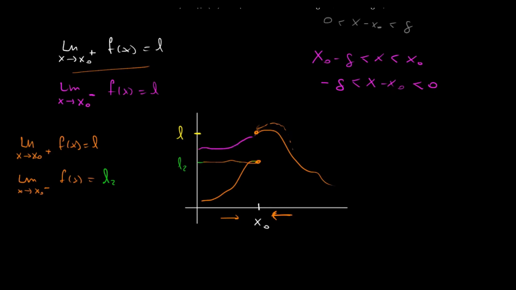And now we can think about another function like this. This function, when we look at the limit like this, that is from the left of x0, it has limit L. So the limit when x tends to x0 from the left of this new f of x, the pink one, is L. And the limit when x tends to x0 from the right, from the positives, the last one was from the left, of f of x, is this value here.